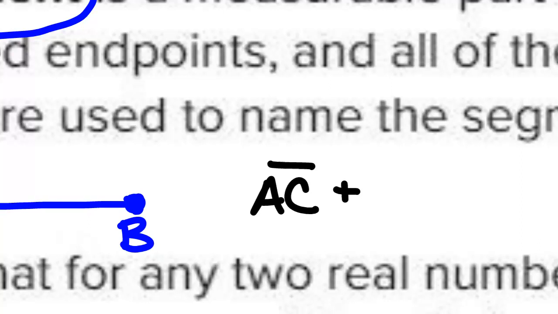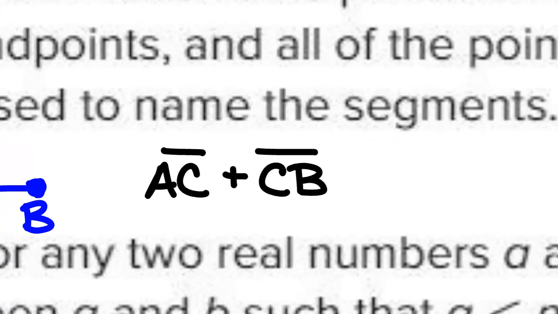I can put that together with segment CB, this segment right here. If I take this little segment and I put it together with this segment over here, it's going to give me the whole line segment. From here to here, I take this one, I tape it together with this one, I get the whole line segment.